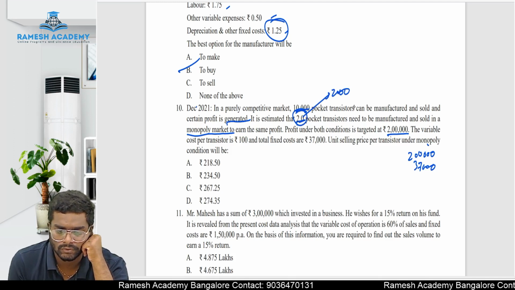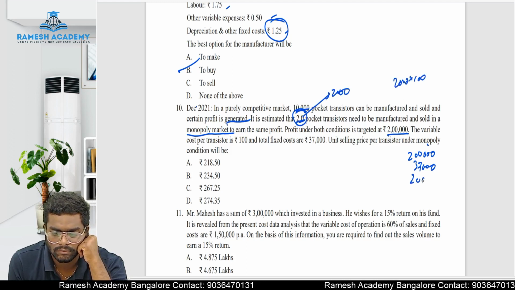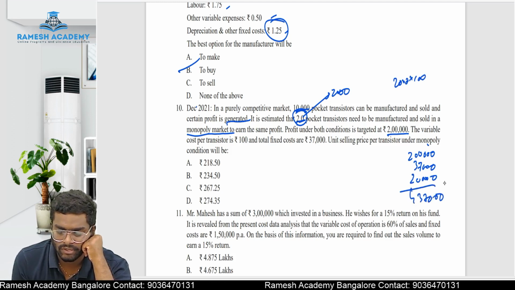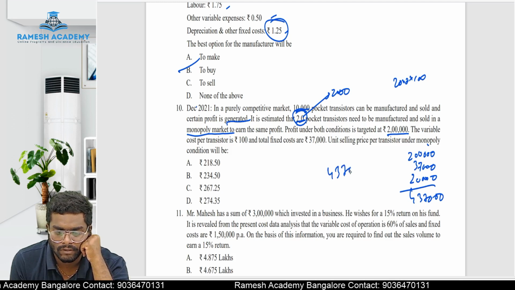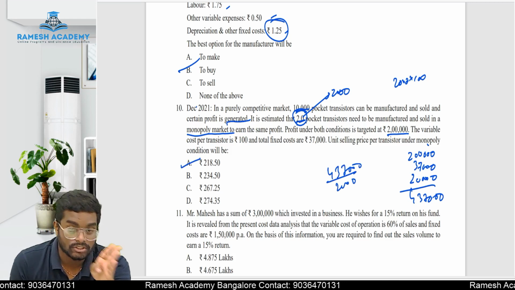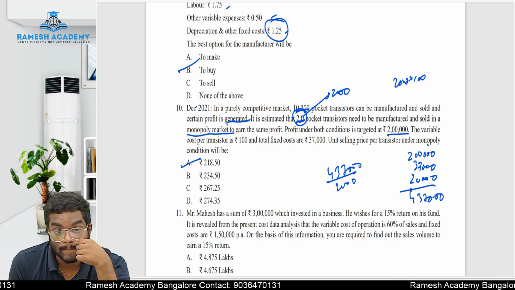So 2000 units into 100 means 2 lakh, plus the 2 lakh profit and the fixed cost, it is 4 lakh 37, divided by 2000, it will be 218.5.